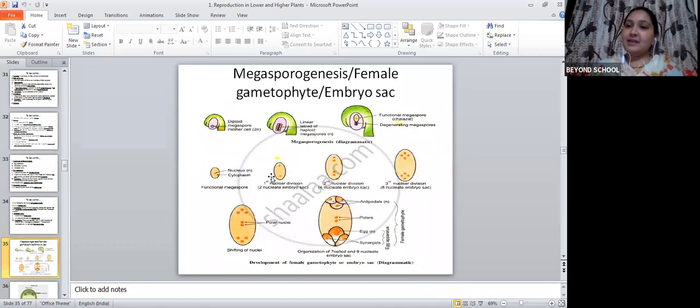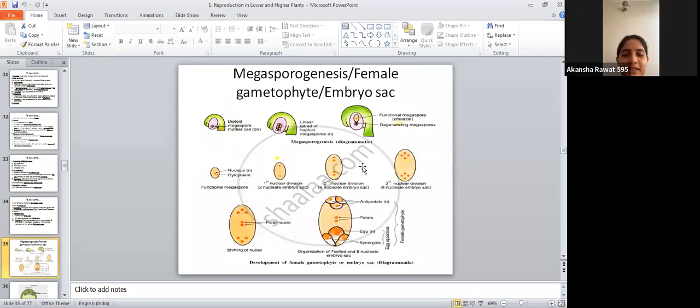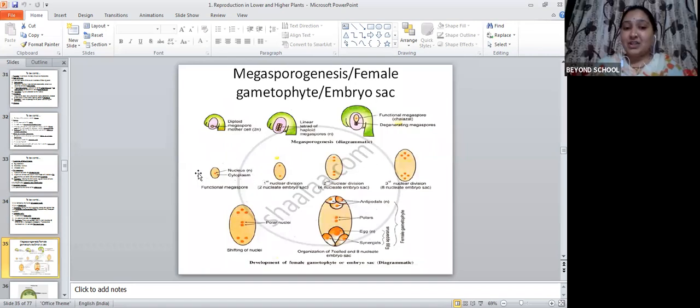And yes, as you said, it was right. But was it mitosis or meiosis, Akansha, can you tell me? Mitosis. See, the functional megaspore forms two cells, and from two nucleated it becomes four. Now, can you tell me whether it is mitosis or meiosis?